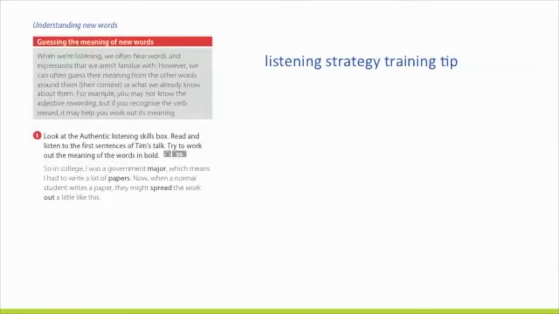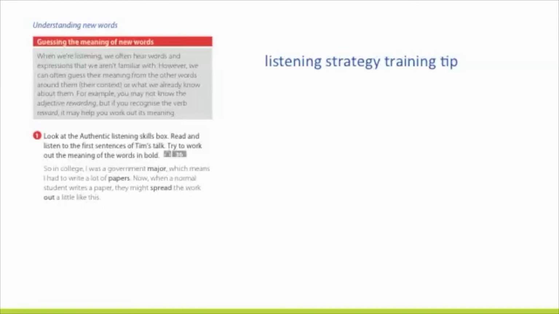So we start the lesson, actually every lesson that uses a TED Talk starts with a listening strategy training tip. In this case, it's about unknown words, difficult words, and what we've got there is something that we teachers are familiar with, that new words should not stop you, that they should not be the source of panic, that you should use different kinds of strategies to somehow go about them.